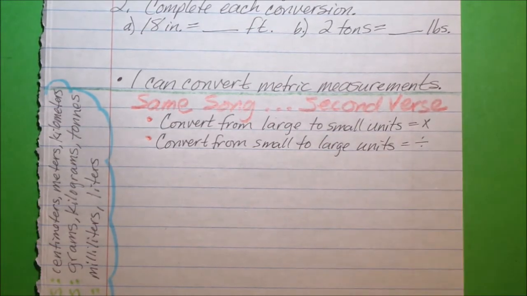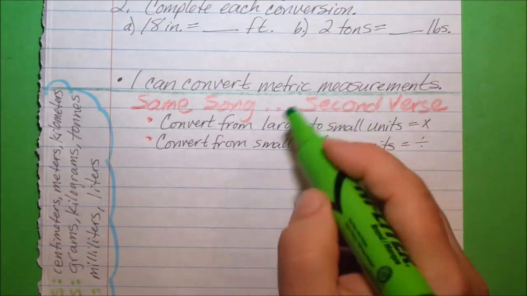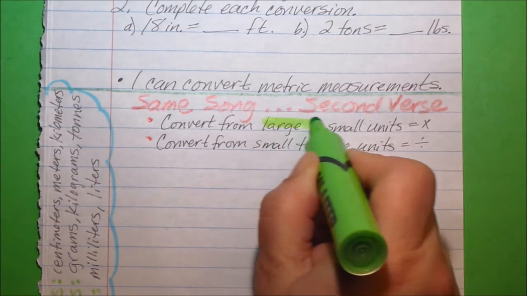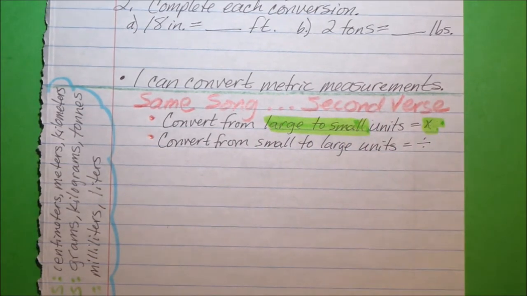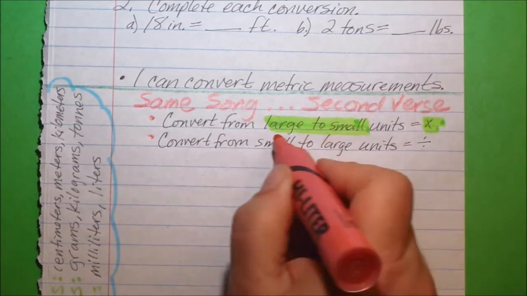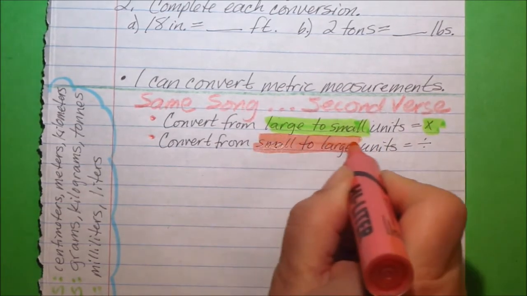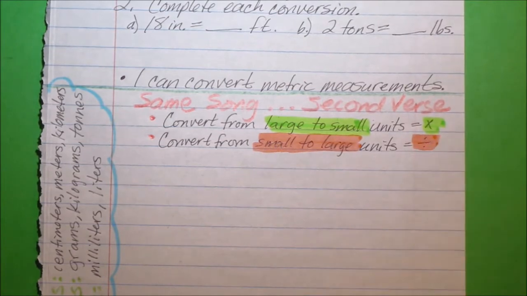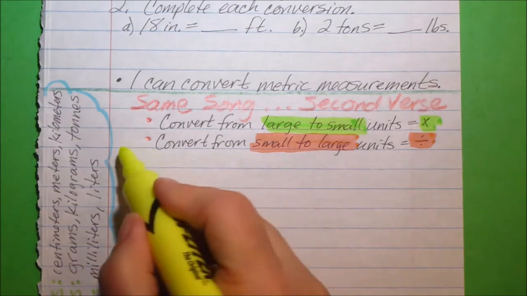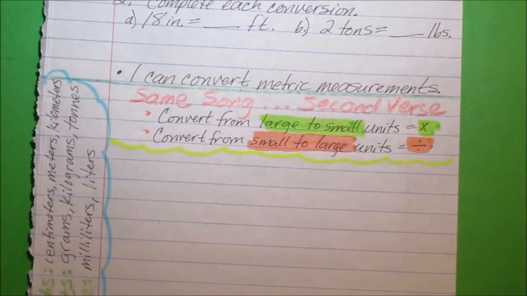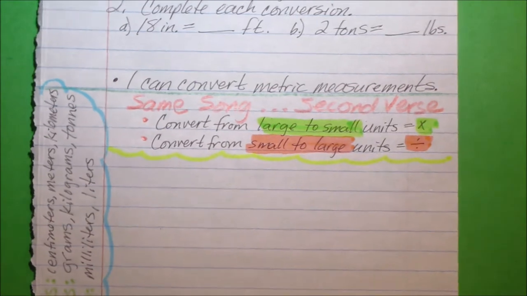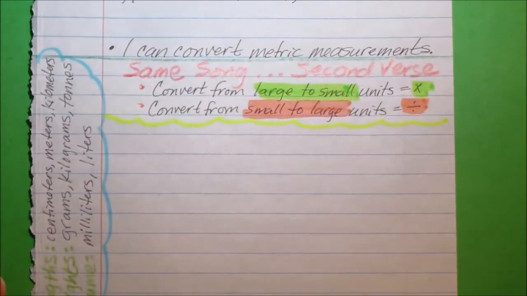All right? So large to small, we multiply, and small to large, we divide. That is critical to remember when we're doing any conversions, whether it's customary or metric. That part stays the same.